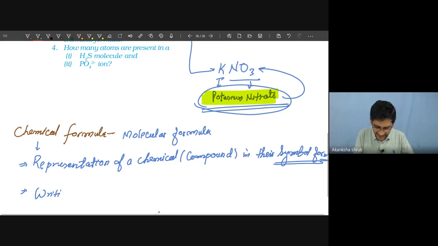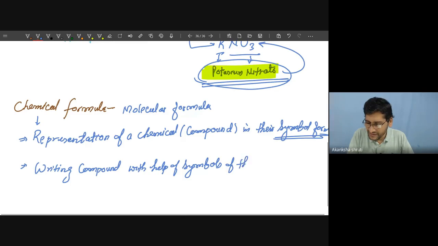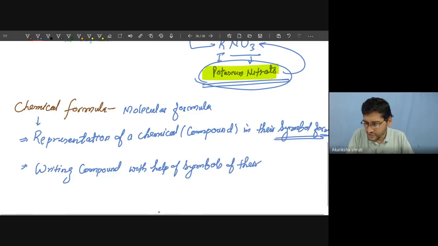Means it is writing a compound. Compound means its full name, say potassium nitrate, with the help of symbols of their constituting ions or atoms.